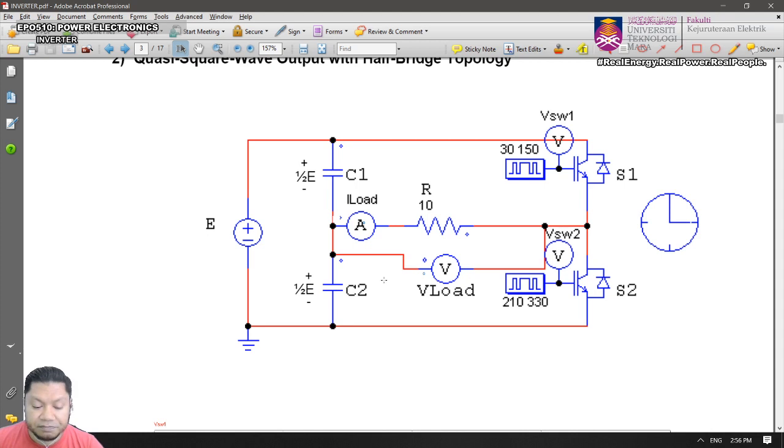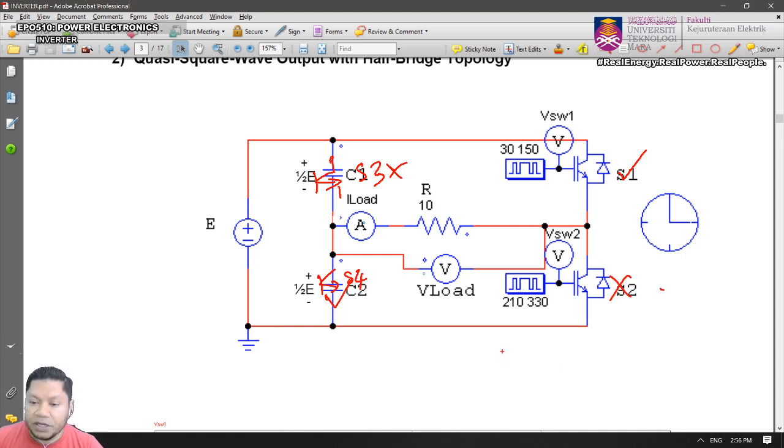explanation. So this is your S4. So this is S2. Right? So whenever S1 is on, S4 is on, S2 will be off, S3, this is S3. S3 is off, this is also off.